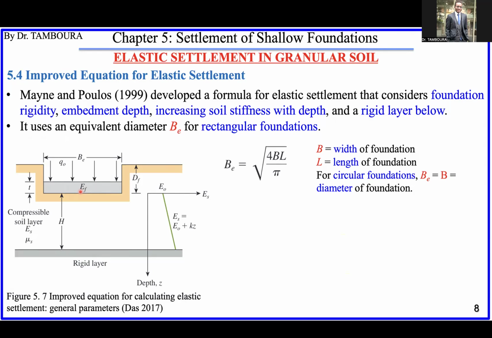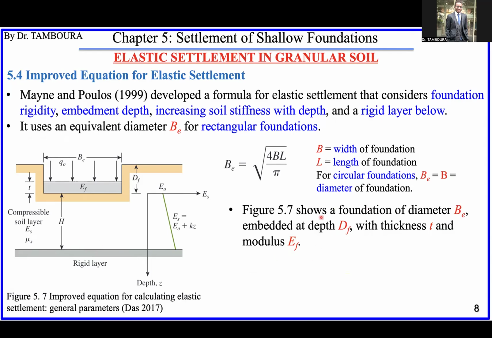Okay, so if you include that in the equation, this rigidity of the footing can be included in the new equation. Imagine we have an equation that will consider all this. This is the rigidity of the foundation. And you can see that the foundation is embedded, DF, okay? And you can see a layer here, okay?